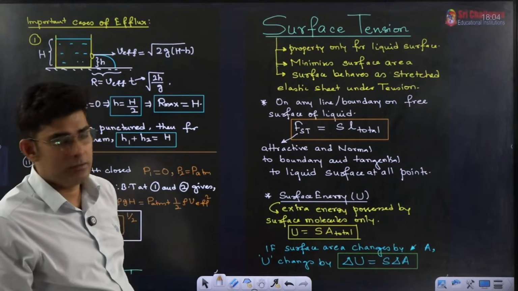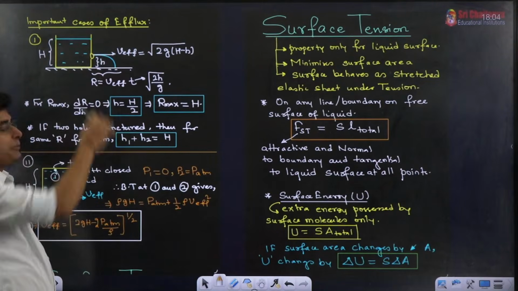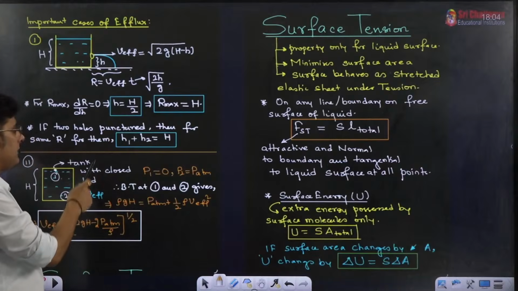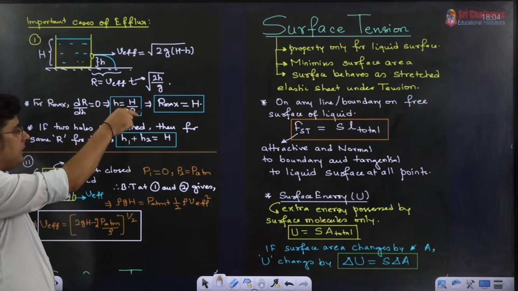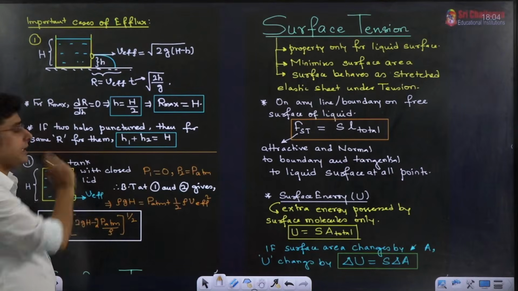capital H. And if you puncture two holes at two different positions at heights h1 and h2 from the base, then by the same concept we can easily prove that h1 plus h2 will be equal to capital H if you want to get the same range.